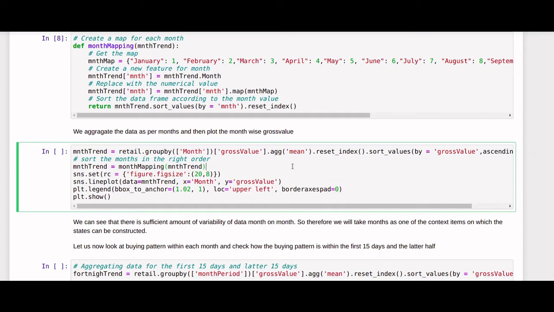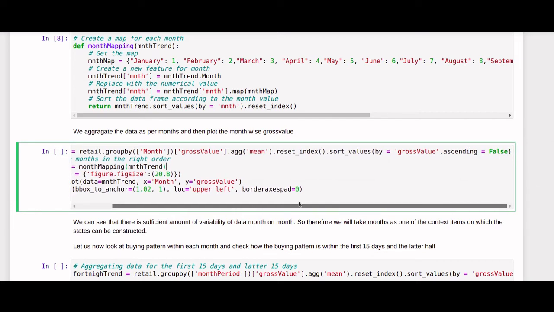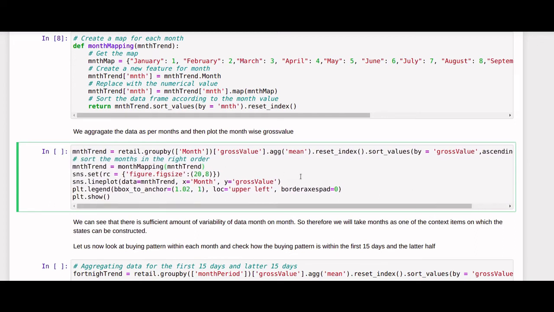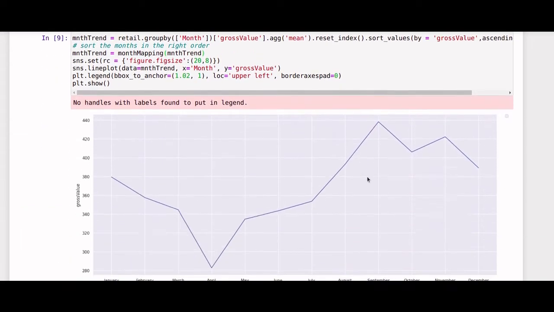So first we'll group by the month and then get the gross value, because we're going to look at the gross value across different months. We are taking the mean of the gross value because we have values across the years also, so that's why we are taking a mean across the months' buying patterns. Let's implement this and then look at our plot. So this is how the plot goes.